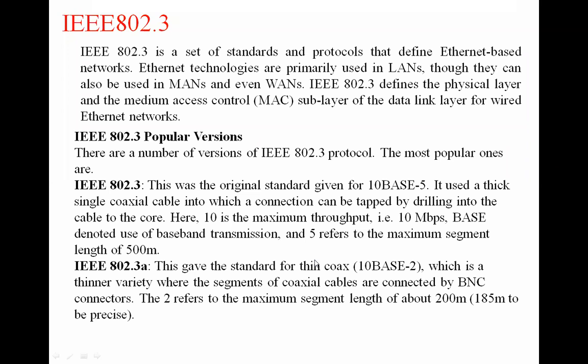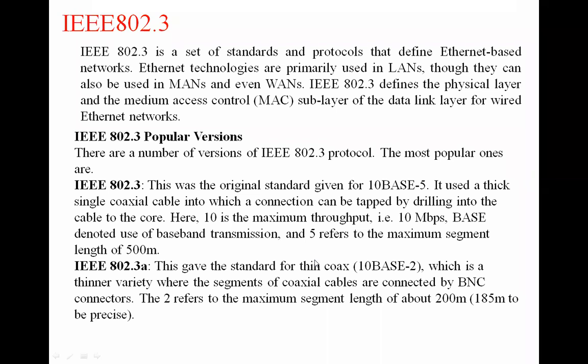This is called a thick single coaxial cable. This is very much thick. I think you have seen in your childhood when they started installing the telephone in your home, they dug the earth and then installed the cables, the black cable, which is very broad and very thick.